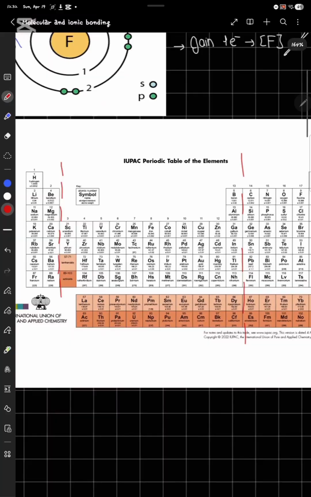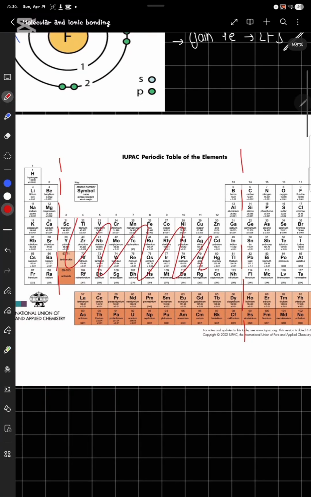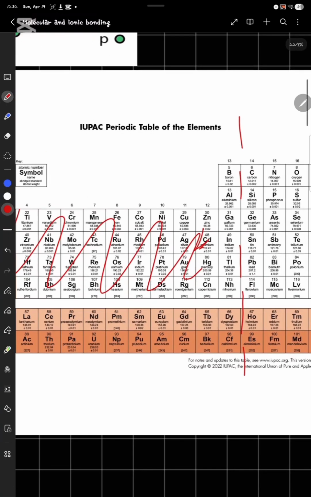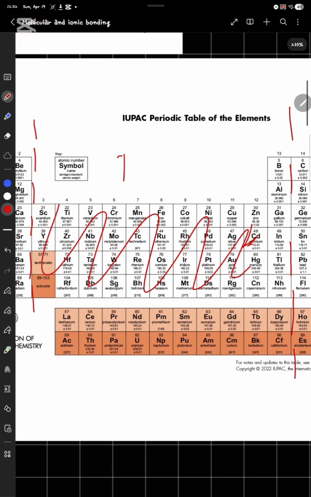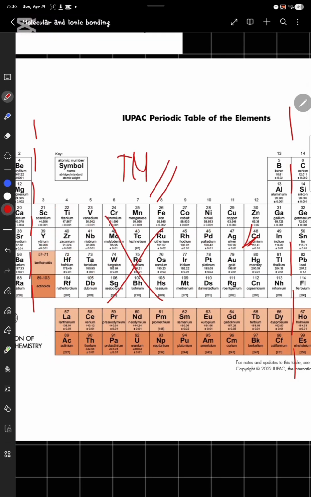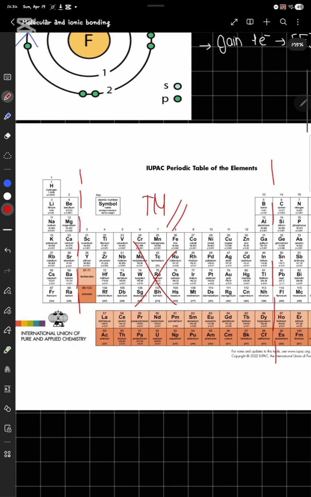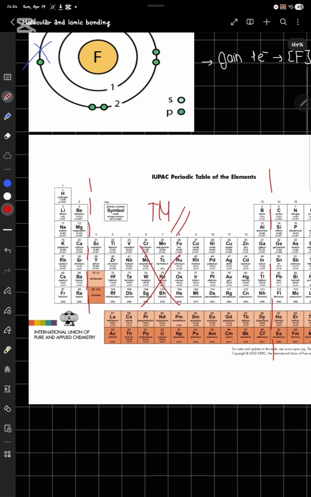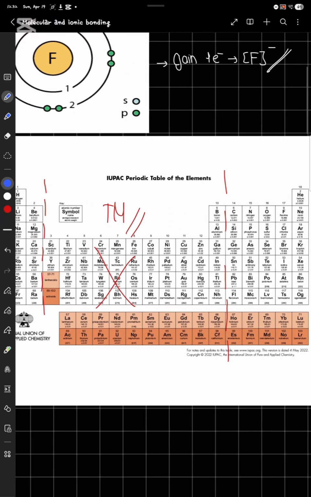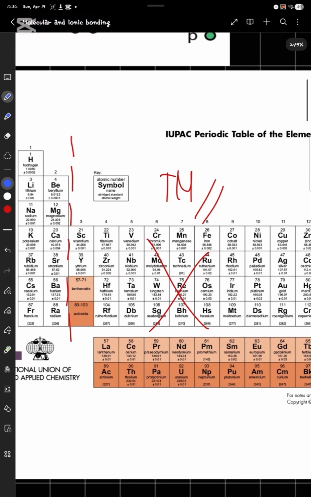Okay, and the ones from group 1 to 12 here, they're transition metals, so don't worry about them. They're not tested in the grade 9 curriculum. These transition metals are not really talked about much in your grade 9 year.